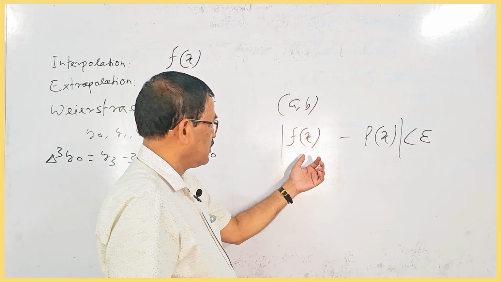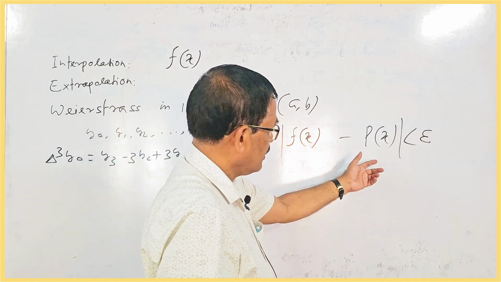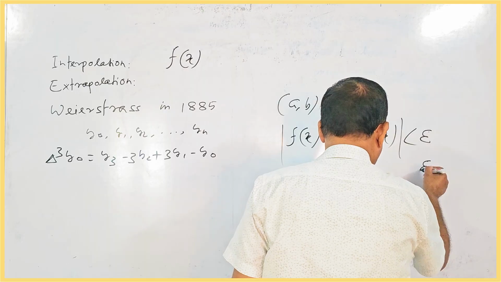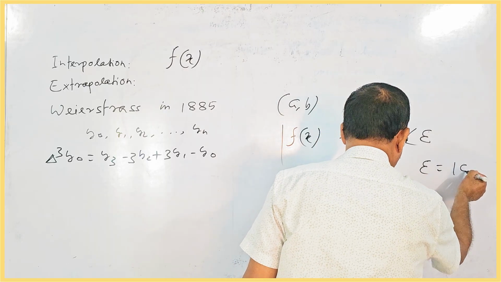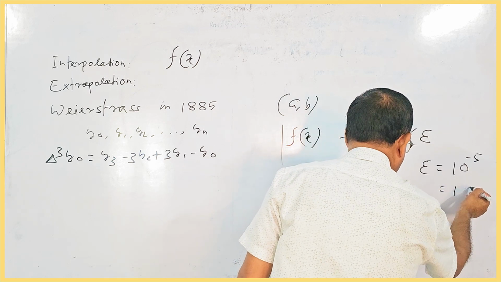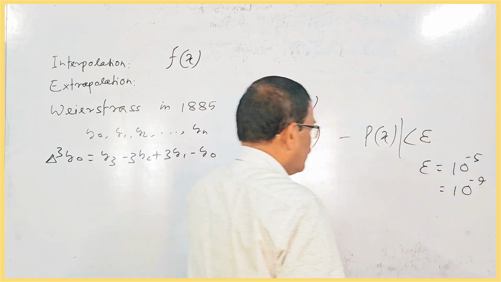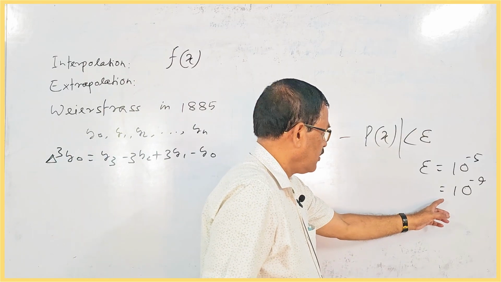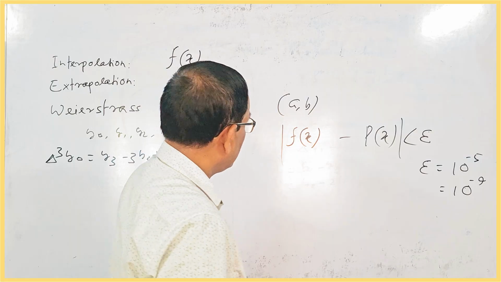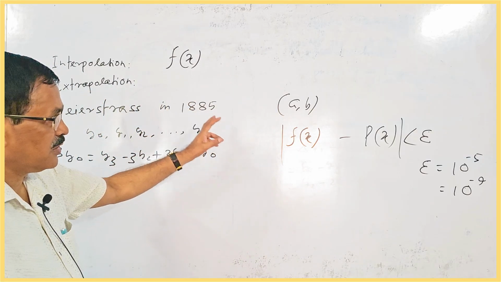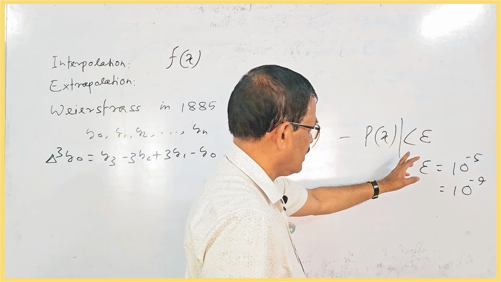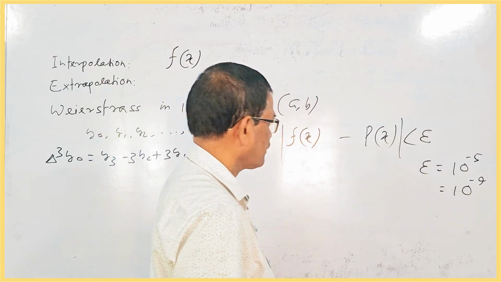If the difference between f(x) and p(x) is less than the prescribed quantity, for example epsilon may be 10 to the power minus 5, or 10 to the power minus 9, which is of nanoscale. This depends on our physical situation, how we define this epsilon. Therefore, a function f(x) can be replaced by another polynomial p(x), provided the modulus of f(x) minus p(x) is less than epsilon, and epsilon will be provided.